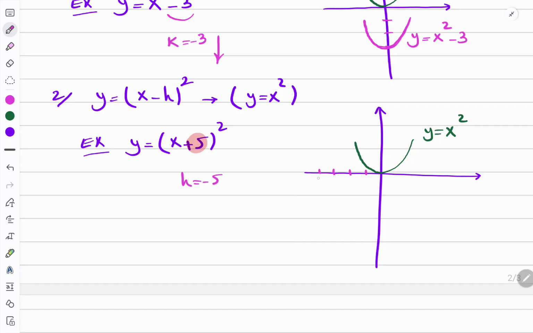2, 3, 4, and 5. And exactly the same, y equals (x + 5) squared.